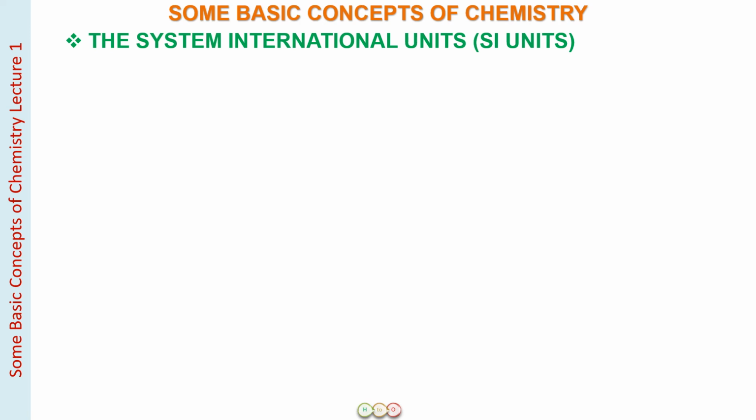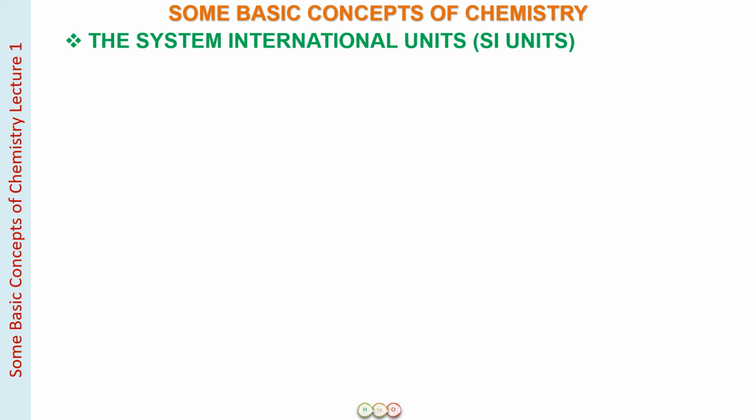And then various systems of measurement developed, the initial being the English system, which was the foot, pound and second system, and the metric system, the MKS system, which you all know, is measuring the length in meter, the mass in kilogram, and time in second. And this metric system was a convenient system because it was based on the decimal system. But the scientists all over felt that there was need of a common standard system of measurement.